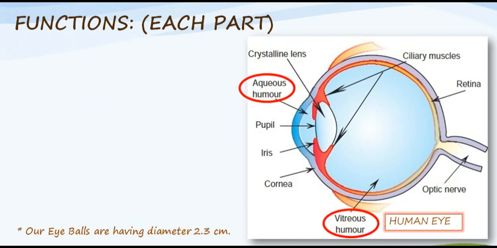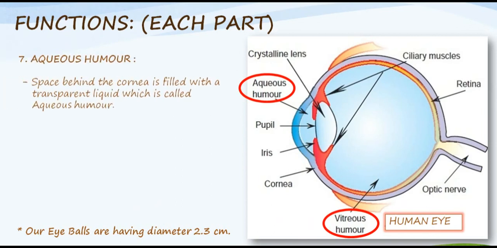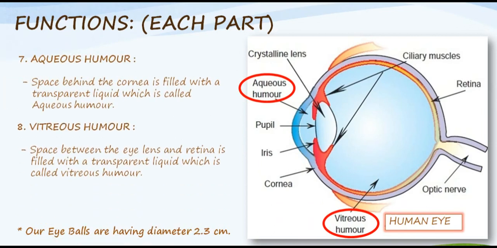Now two important things that are in the figure but we have not discussed are aqueous humor and vitreous humor. Aqueous is related to water, right? So aqueous humor and vitreous humor are nothing but liquids. Below I have written that our eyeballs have a diameter of 2.3 centimeter. As you can see, they are almost spherical in shape.